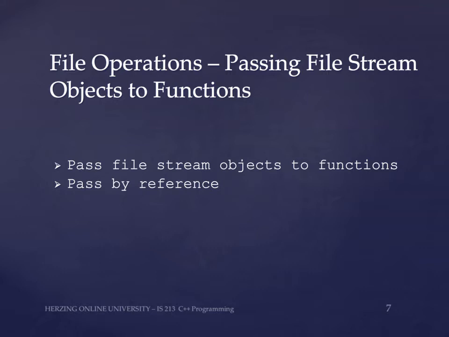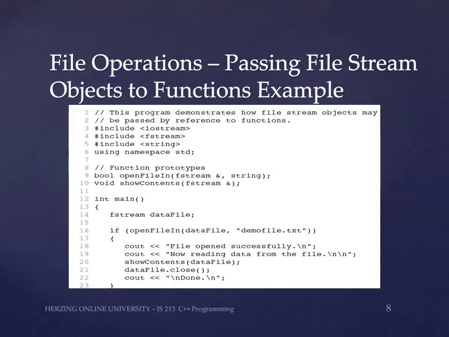Passing file stream objects to functions. This is very useful. Just be sure to always pass the file stream objects by reference. Here we're going to look at an example which demonstrates how file stream objects may be passed by reference to functions. And notice the function prototypes.